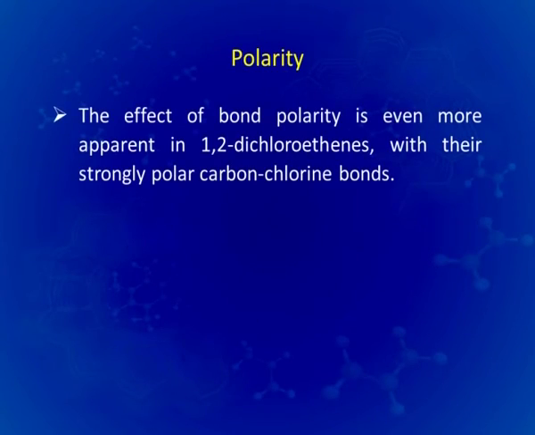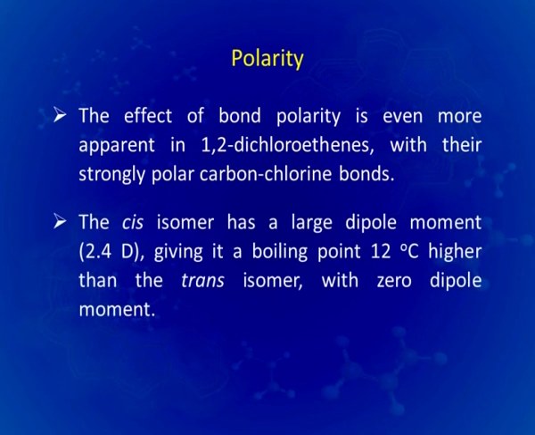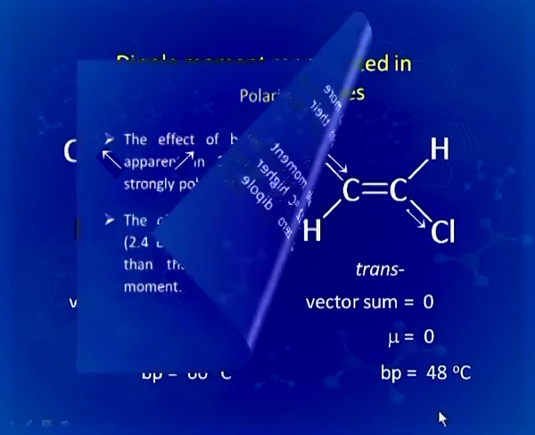The effect of bond polarity is even more apparent in 1,2-dichloroethenes with their strongly polar carbon-chlorine bonds. As we know, chlorine is an electron withdrawing atom. The cis isomer has a large dipole moment of the order of 2.4 D, giving it a boiling point of about 12 degrees centigrade higher than the trans isomer, which is shown to have a 0 dipole moment.